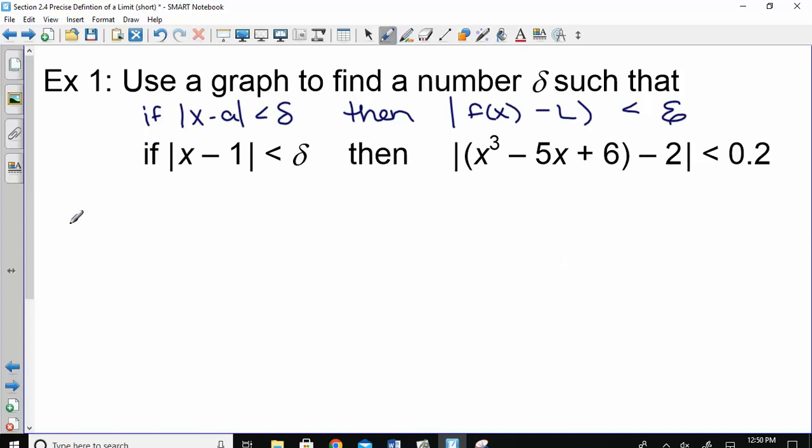Okay, so from this statement, what is my function? X cubed minus 5x plus 6. What is my limit? 2.